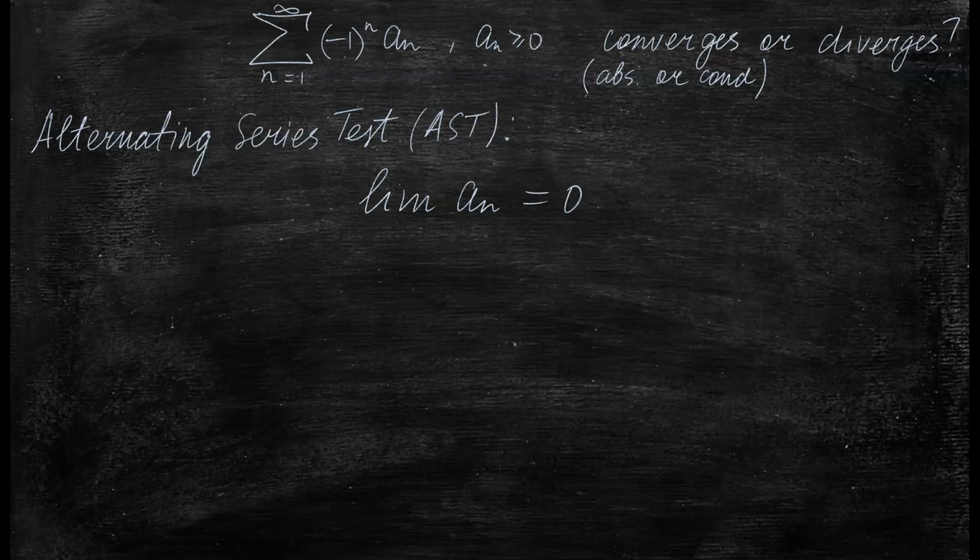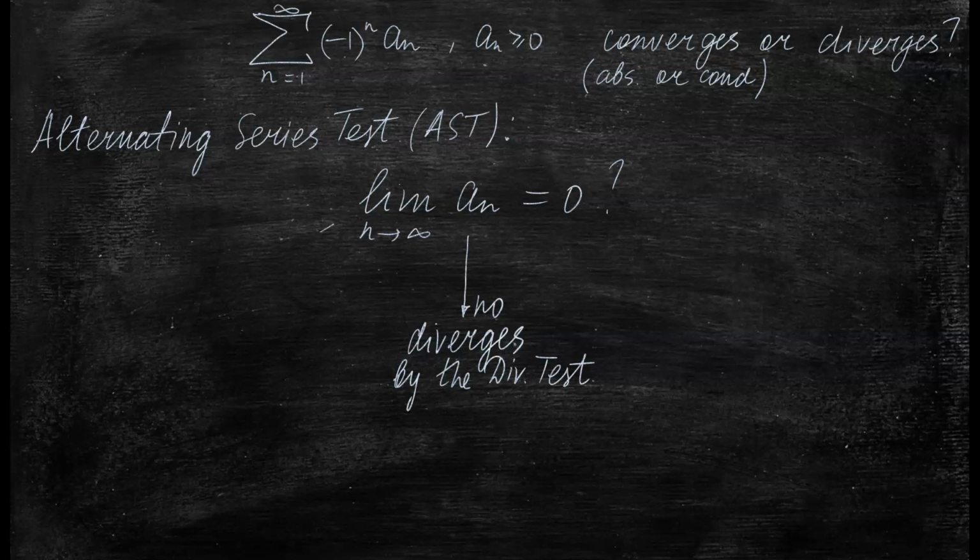You just try to find the limit. Now, if the limit is equal to 0, that's the question, right? The easiest case is if the limit is not equal to 0. Then the answer is no here, and the result is that it diverges by the divergence test.